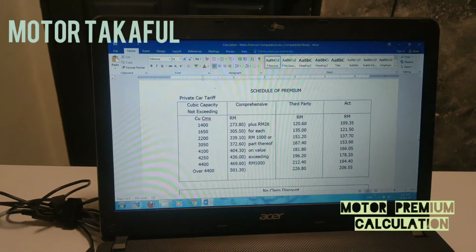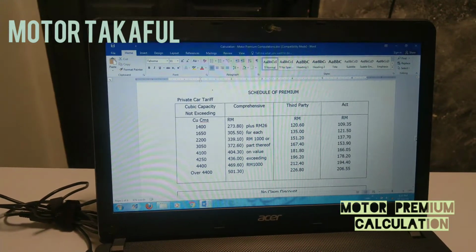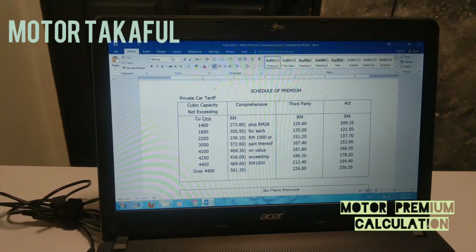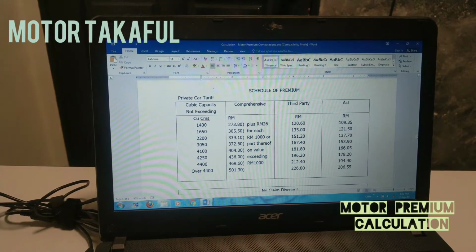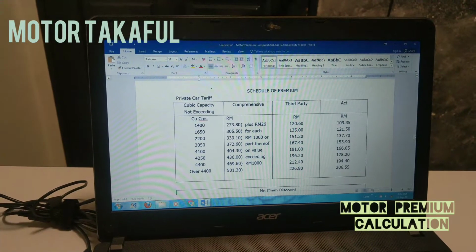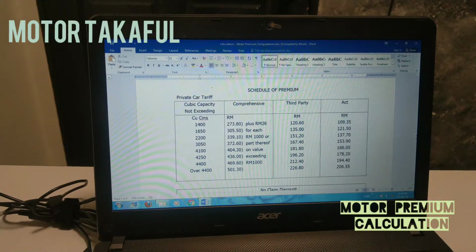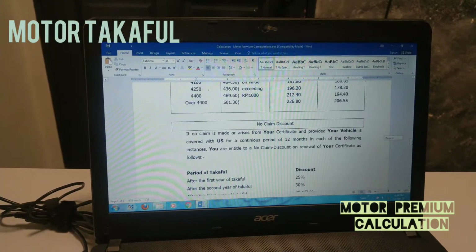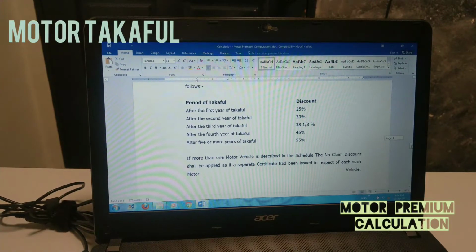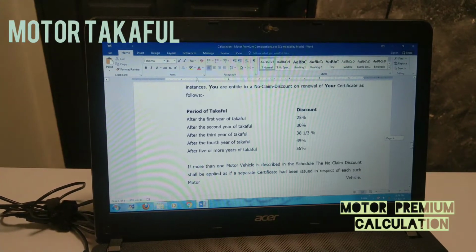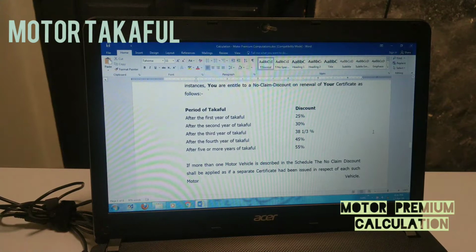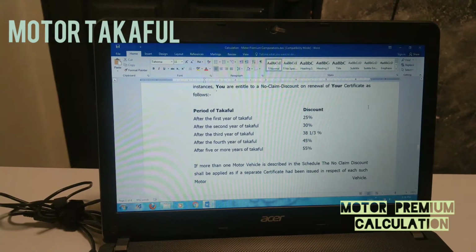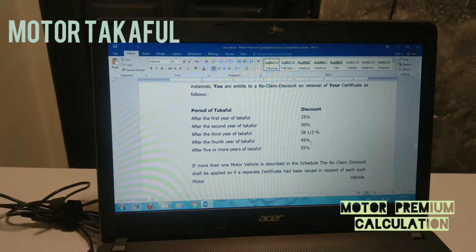The schedule of premium is vitally important in order for you to calculate the motor premium. This is the private car motor tariff for your reference. Besides this schedule of premium, you are also given the NCD percentage, the NCD table, from 25% until 55%.